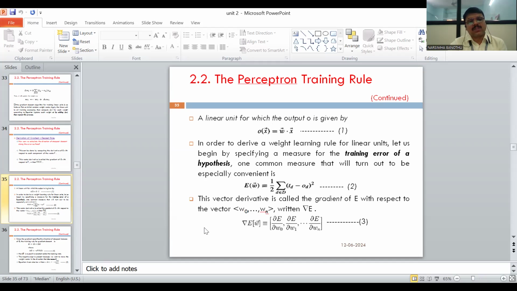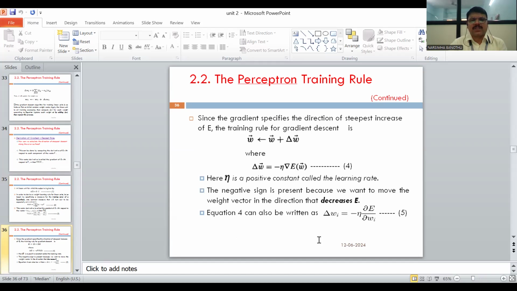This vector derivative is called the gradient of E with respect to the vector W0 to Wn, written as gradient E. So you can see here, in equation 3, gradient E of W is equal to the vector dou E by dou W0, dou E by dou W1, up to dou E by dou Wn, right?